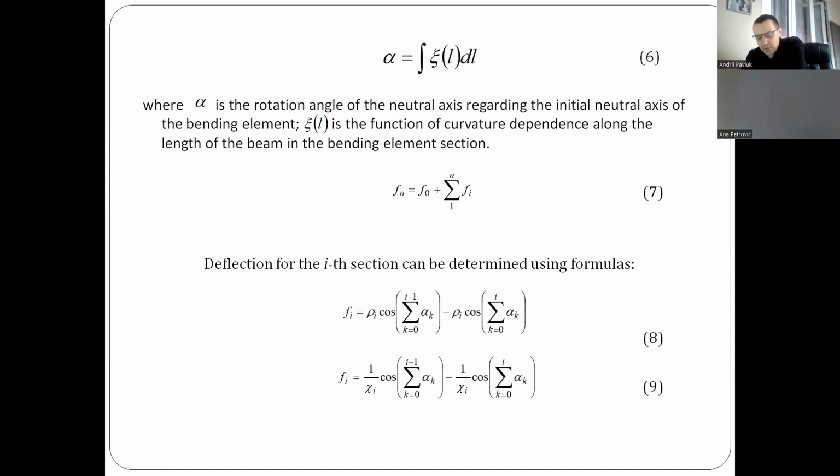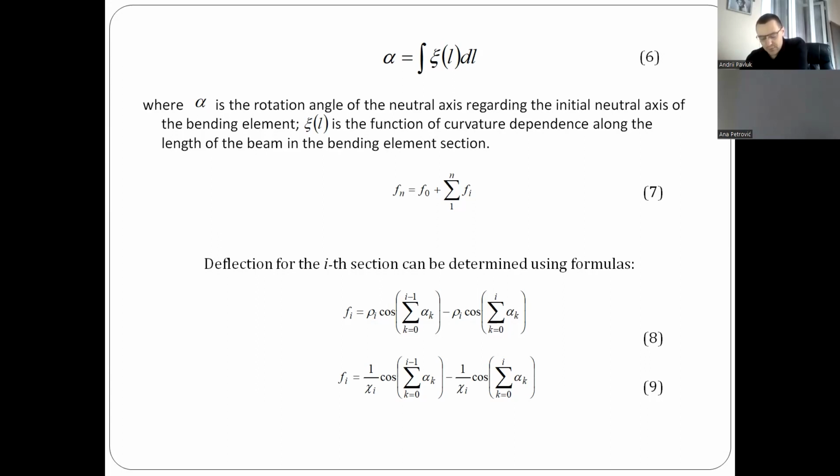In order to determine the deflection of bending elements, an initial condition must be set: the position of the neutral axis or the initial rotation angles are used as initial data for a beam with symmetrical loading. Thus, determining beam deflection will include determination of the beam's rotation angle as well as determination of deflection in each section of this beam.